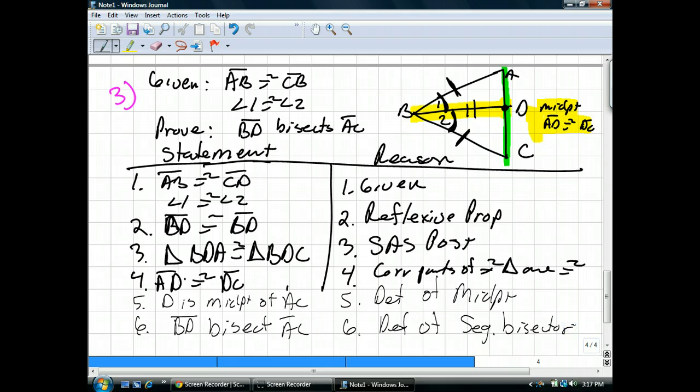And we're done, because we've accomplished what we want to accomplish. So again, notice that the steps were to prove two triangles congruent. Once we were able to prove those two congruent, we were able to say certain parts were congruent, and then from there reason logically to get what we wanted.